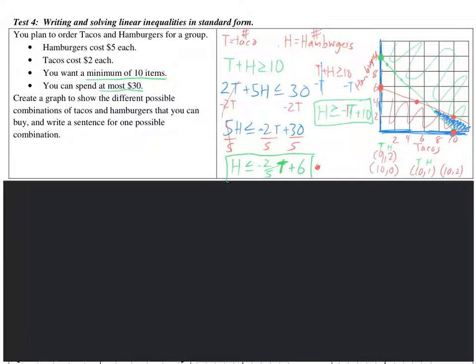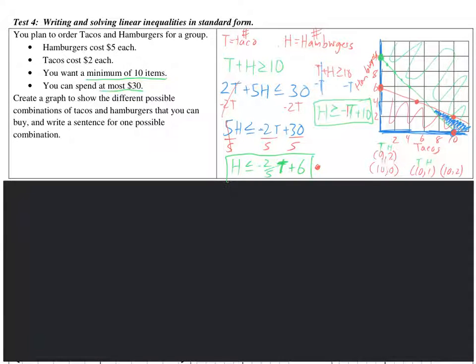I just found a whole bunch of possibilities. Now, you could have done this by guessing. Guess, guess, guess. But this is a mathematical way to draw a picture and to find a whole bunch more possibilities besides just guessing.